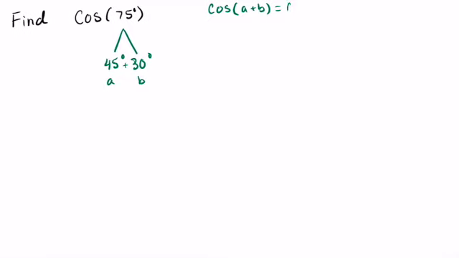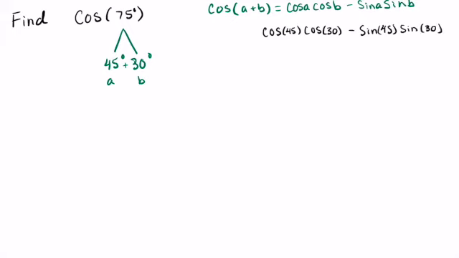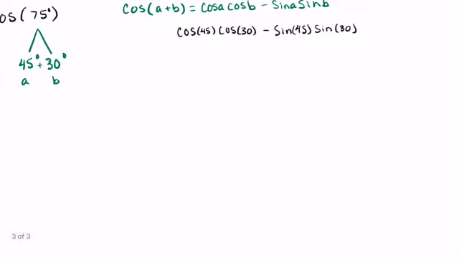And we know that we have the cosine of A times the cosine of B minus the sine of A times the sine of B. So I'm just going to plug that in. Well, I have the cosine of 45 times the cosine of 30 minus the sine of 45 times the sine of 30, and I just want to simplify this.